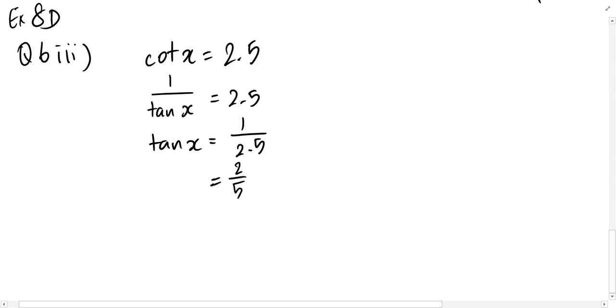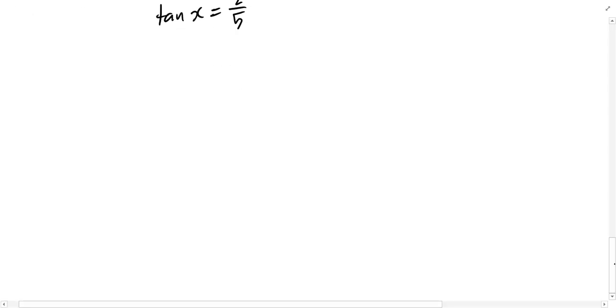That's it. The whole question is now reduced to tangent x is 2 over 5. Alright, and they say that x is acute. If it is very straightforward, it's okay not to do your square root, this square minus that square. Okay, so this is tangent x. And they tell us that this is acute. So which quadrant is x found in? Quadrant 1.